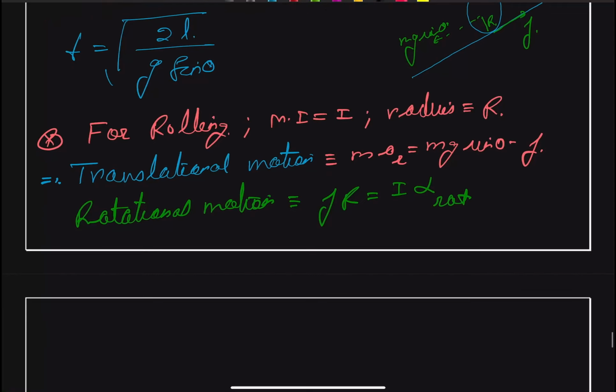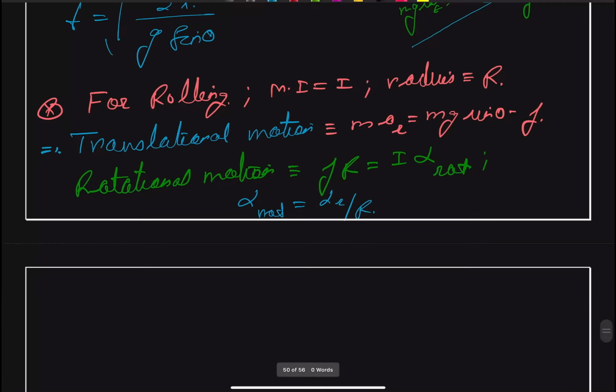And the relationship between the rotational acceleration and the translational acceleration, a_R, we can write as alpha rotational will be equal to a_R divided by capital R. So from here we can find out our frictional force, that is F.